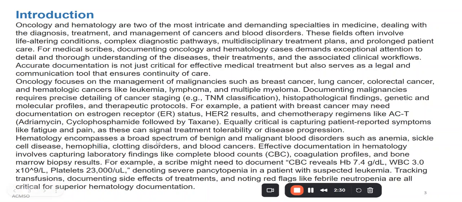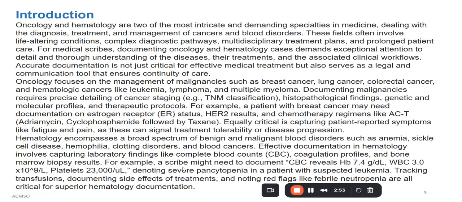Hematology encompasses a broad spectrum of benign and malignant blood disorders such as anemia, sickle cell disease, hemophilia, clotting disorders, and blood cancers. Effective documentation in hematology involves capturing laboratory findings like complete blood counts (CBC), coagulation profiles, and bone marrow biopsy results.